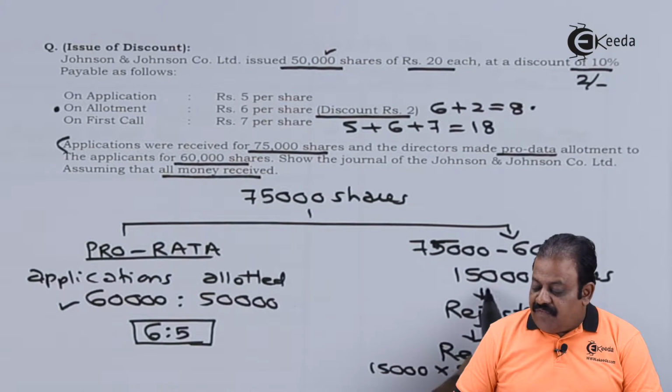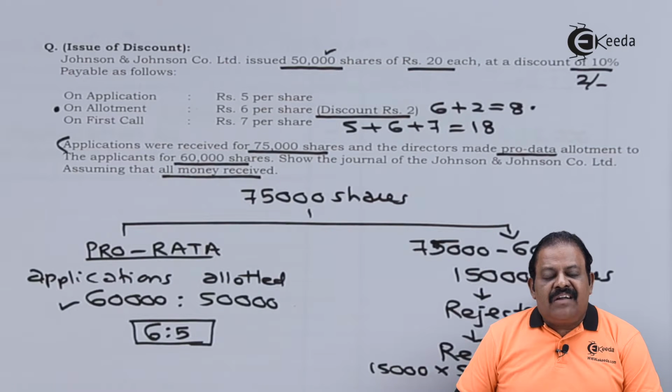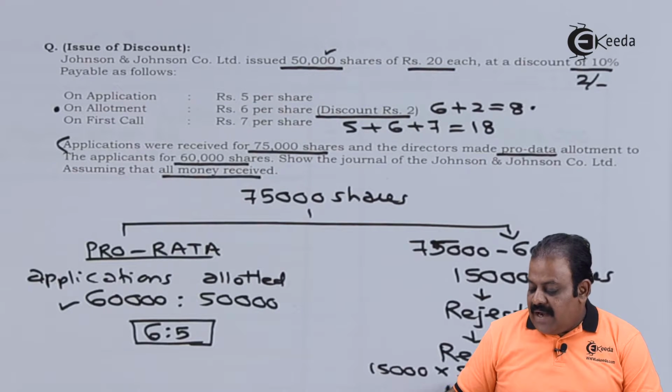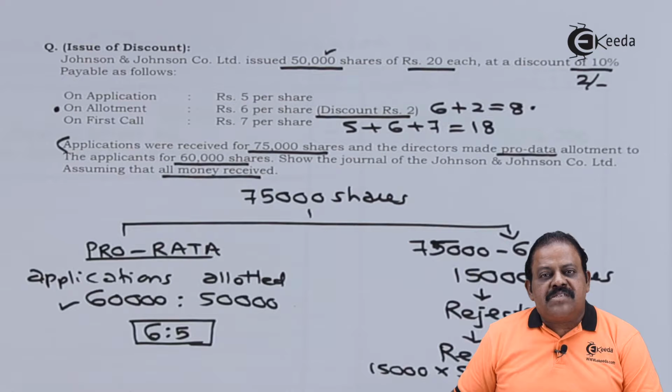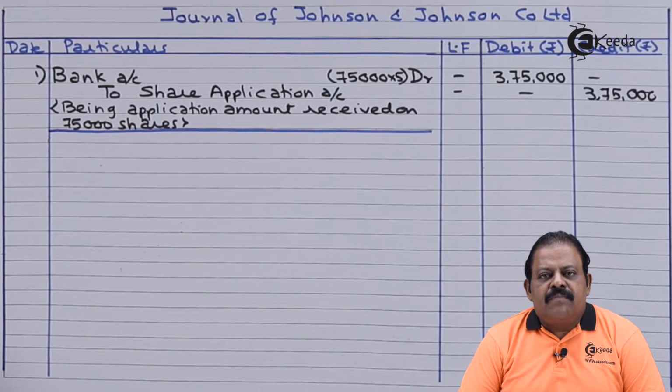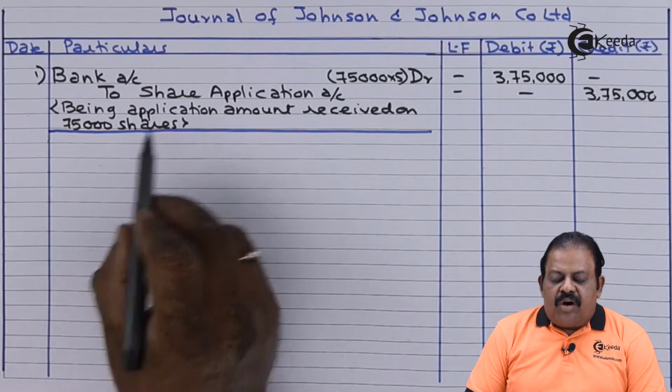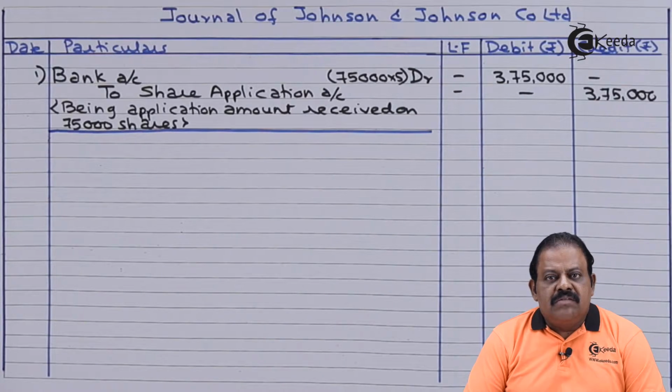Balance application for 15,000 shares are not considered, rejected. Therefore, the amount will be refunded. The entire amount which we got from them, that is for 15,000 shares, per share 5 rupees, comes to 75,000 rupees. Now we have to record entry for refund of application amount. This entry is for receiving application amount.